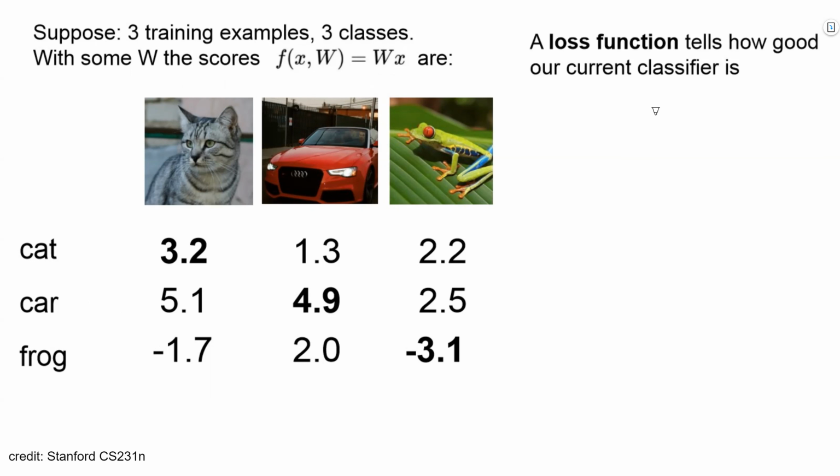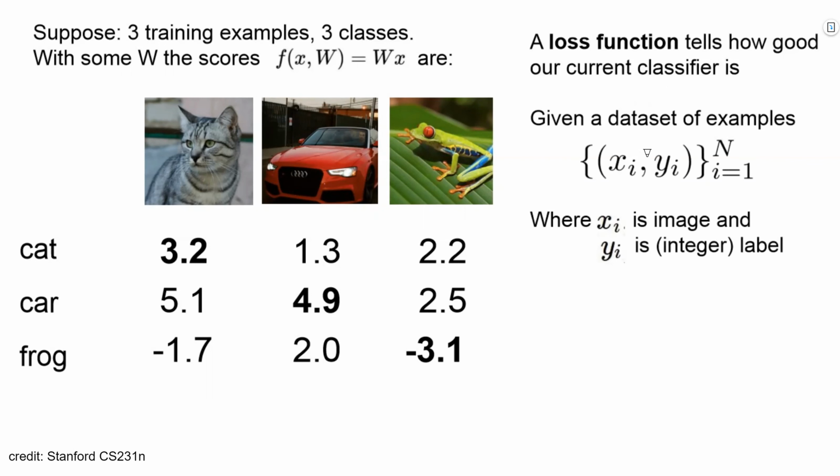And the loss function tells us how good our current classifier is, how good the current values of W are. Given a data set of examples, let's say we have n images or n examples.